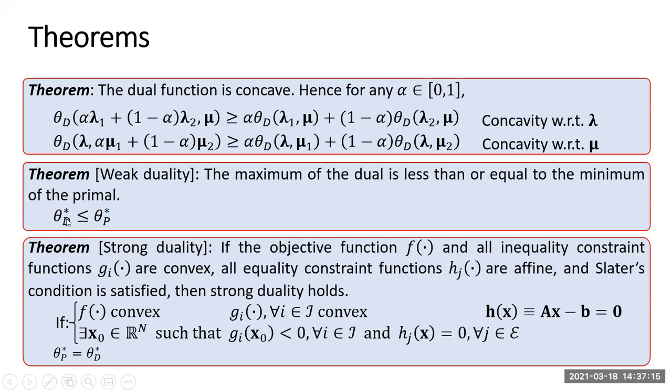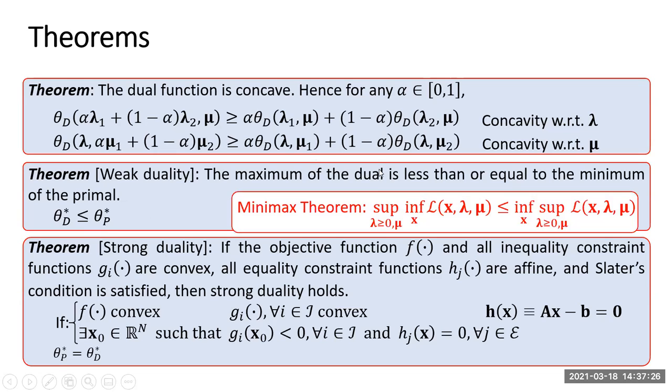Theta d star is the maximum value of the dual function, and that is always less than or equal to the minimum value of the primal function. And this is an outcome of the minimax theorem. If you take a function, you extract the maximum first and then the minimum, you'll get something that's always greater than or equal to what you get if you do the opposite, if you take the minimum first and then the maximum, you'll get something lower.